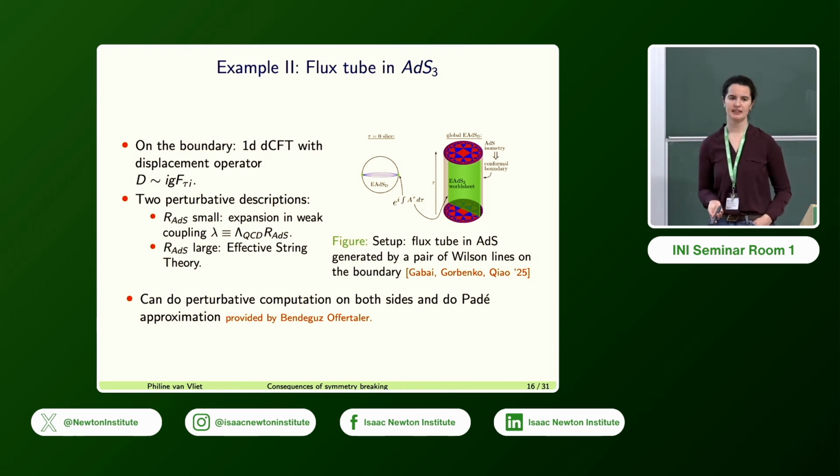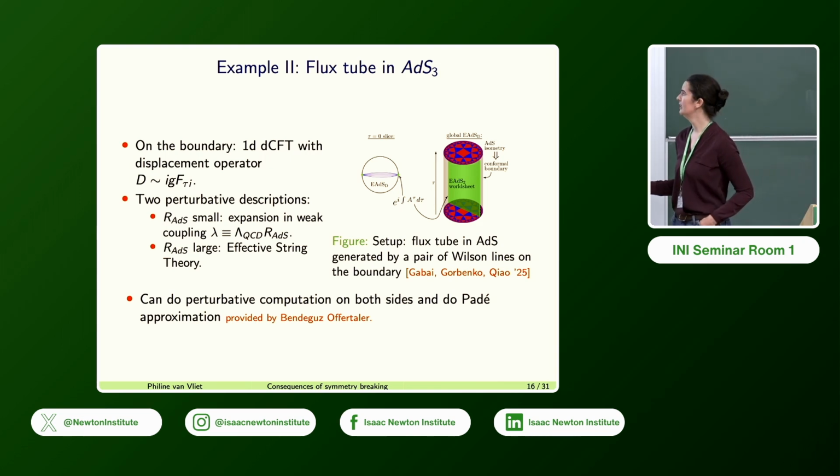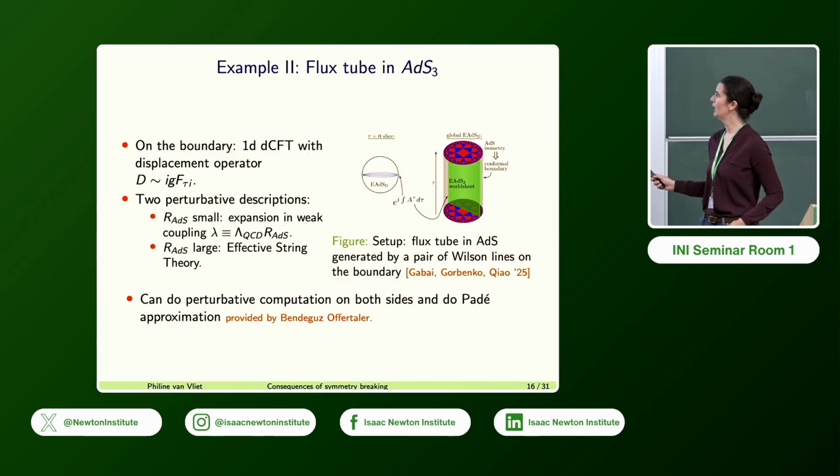But as we saw yesterday, this does not lead to a local bulk conformal field theory on the boundary. The bulk theory is non-local, it doesn't have a stress tensor, so you might ask, okay, but how can we derive the displacement operator? Because we just said it was defined by the Ward identity of the stress tensor.